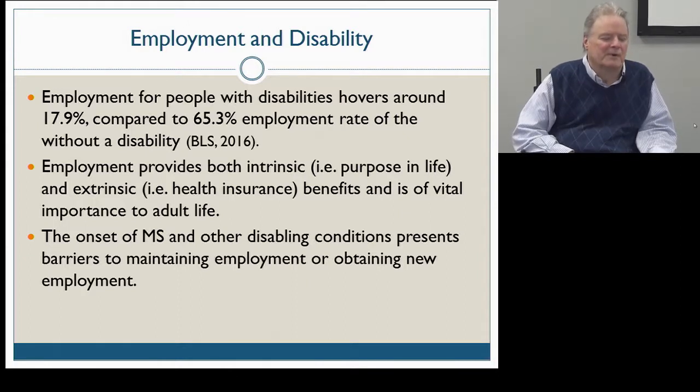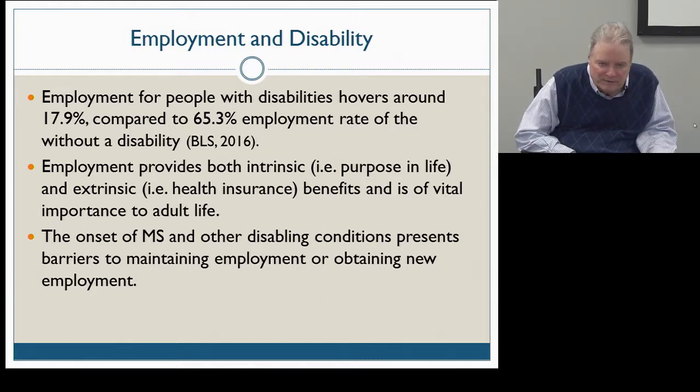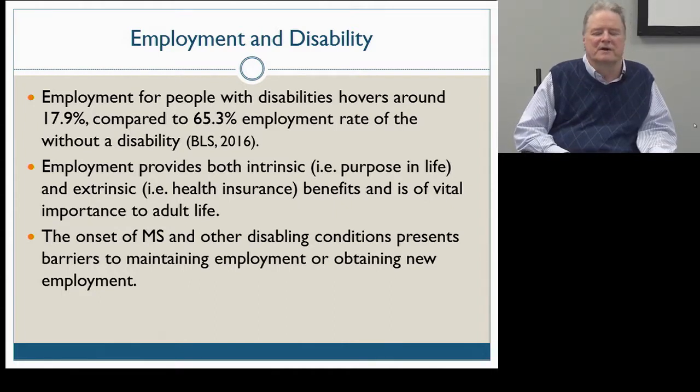Certainly people with MS, depending on the number of symptoms and severity, are going to have depressed employment outcomes as a group, with individual variation for different people. So employment is very important.